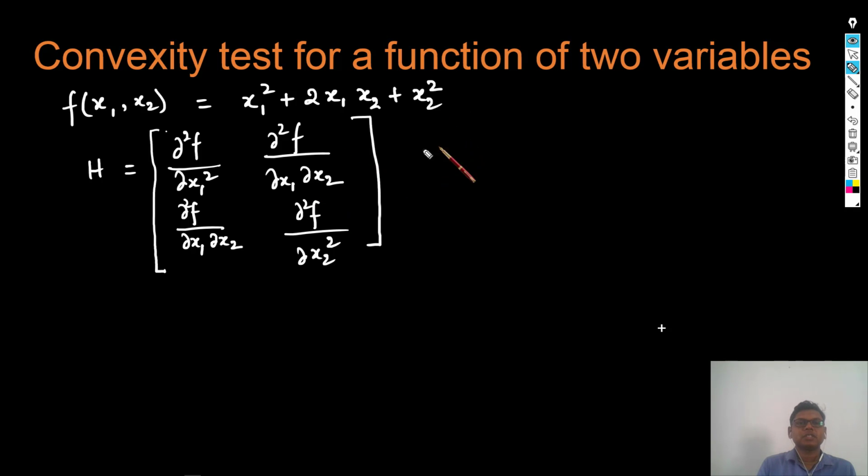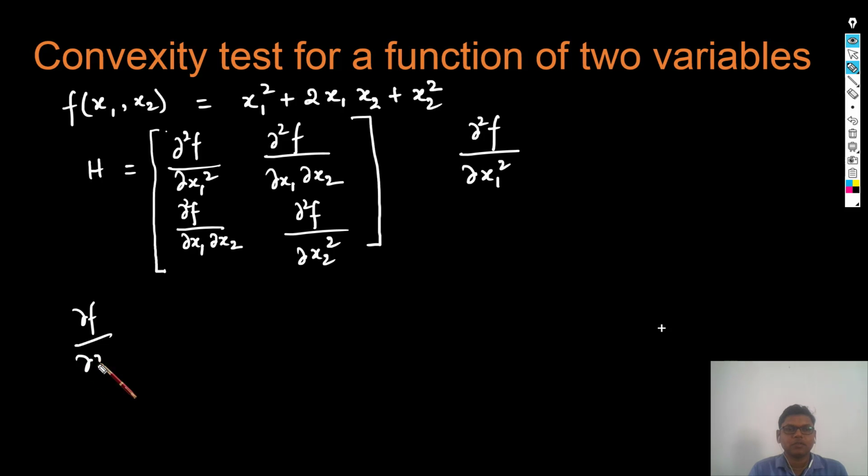The first term is del 2 f upon del x1 square. So first we need to find del f upon del x1, that is the partial derivative of that function with respect to x1. Here we have x1, so it will be 2x1, plus this is also having x1, so the remaining 2x2.